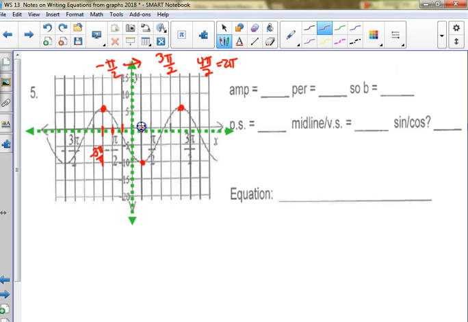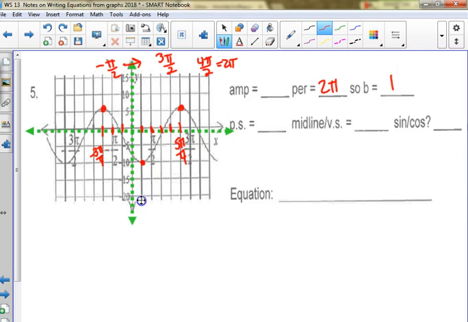This is pi over 4, pi over 2, 3 pi over 4, 4 pi over 4, 5 pi over 4. So if you counted from negative 3 to 5, how far is that? 8 pi over 4's would be 2 pi. Okay? So the period is 2 pi. What does that make B? Just 1. All that work.